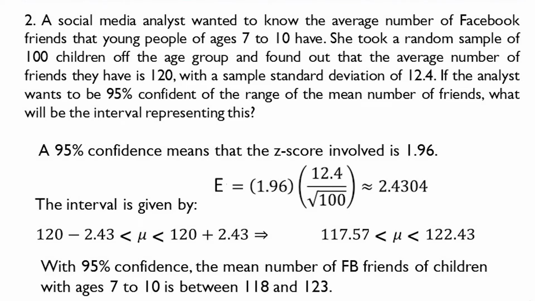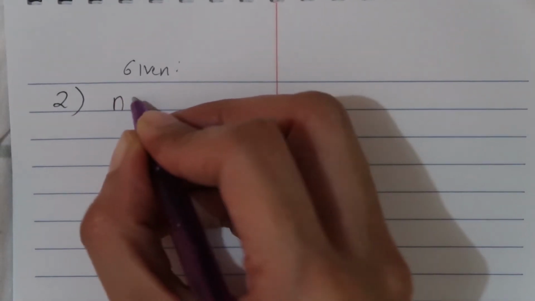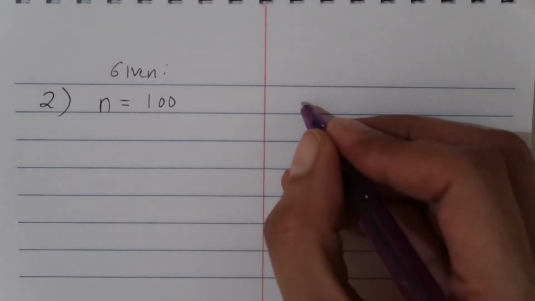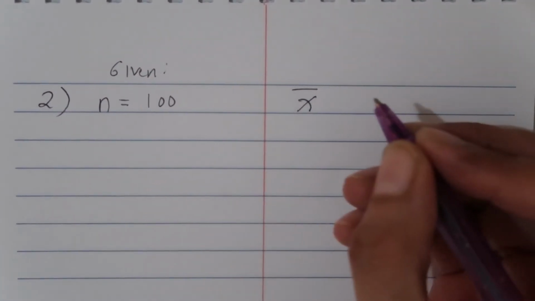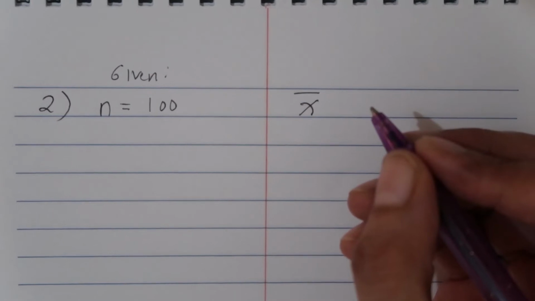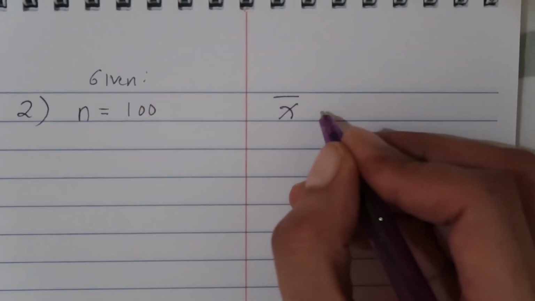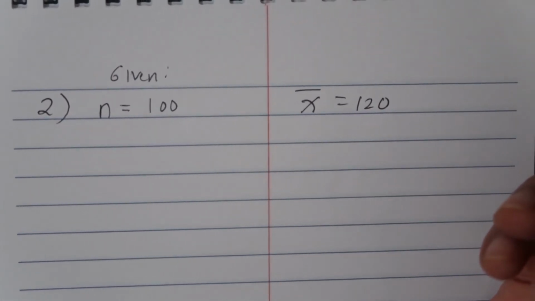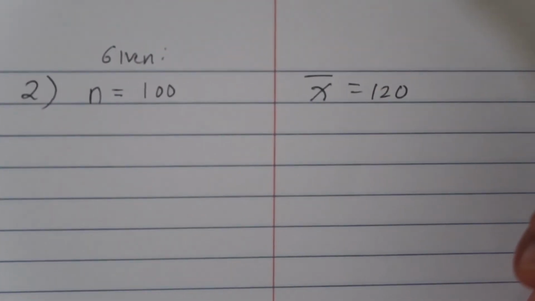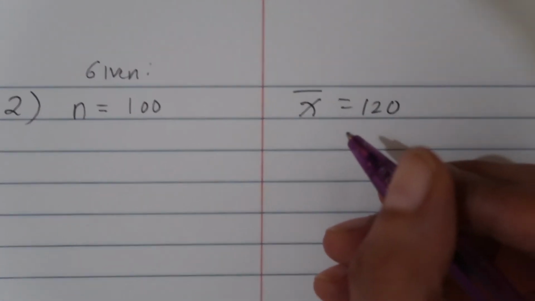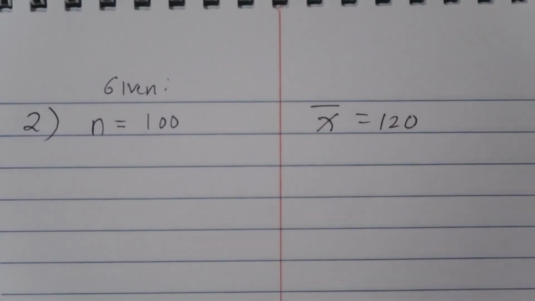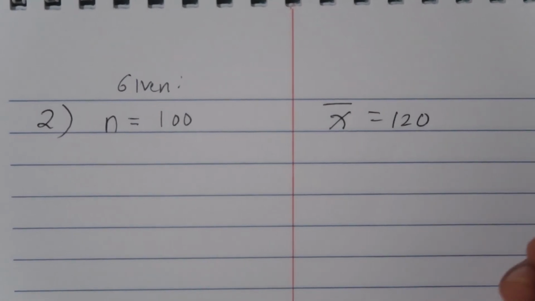So first and foremost, what are the given? So we have sample size, which is 100, and then according to the problem, the mean average of the sample is 120. Okay, found out that the average number of friends they have is 120. So you're pertaining to the random sample of 100 children. So that is your mean average, which is 120.